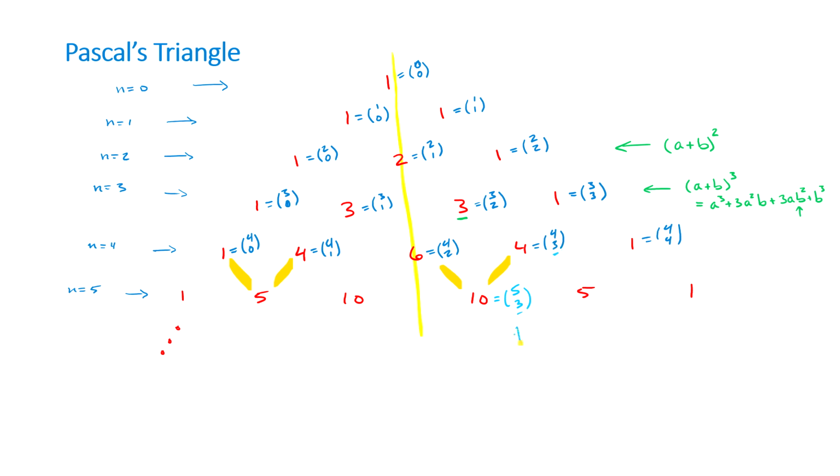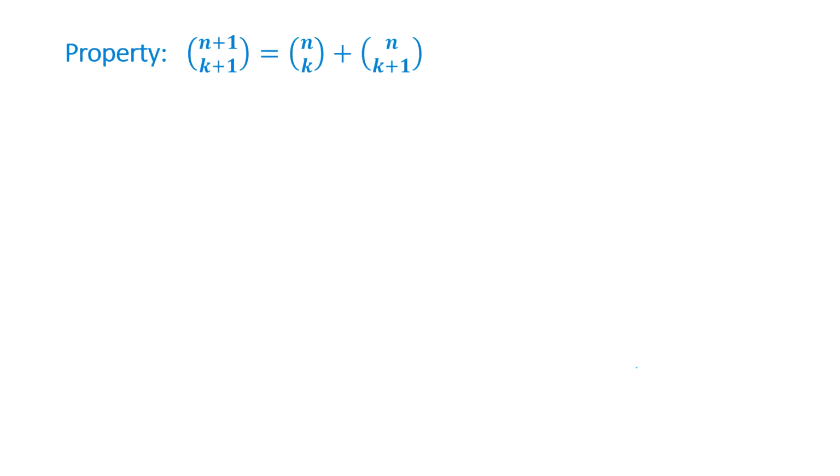And this tells you that in terms of our property, we have 4 choose 2 plus 4 choose 3 equaling 5 choose 3. So if we make that general, n up top bumps up into an n plus 1, k and k plus 1 on the bottom bumps up to the larger of the two numbers, or the k plus 1. In other words, this formula right here. And this is a classic property of combinations.